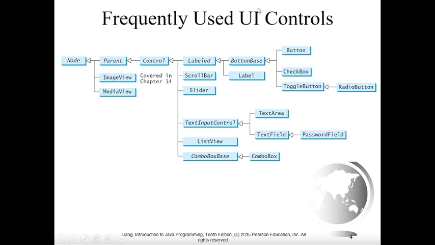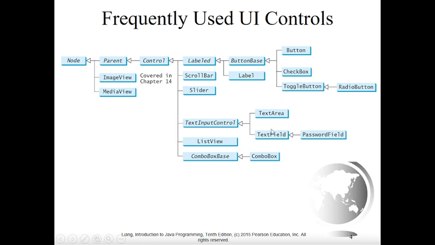What are the controls? What is the base class, the parent class? The parent class is this one, Node. In this lecture we are going to discuss label, button, text area, text field, and combo box.